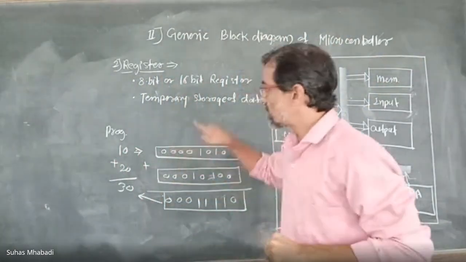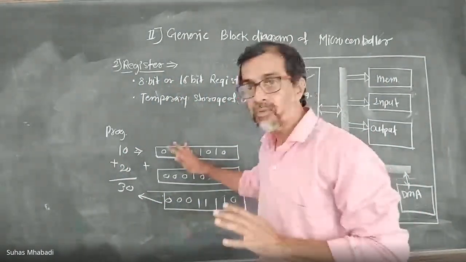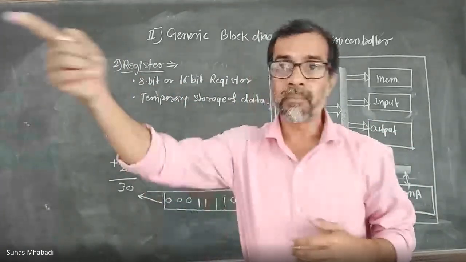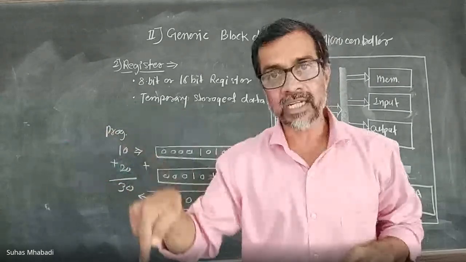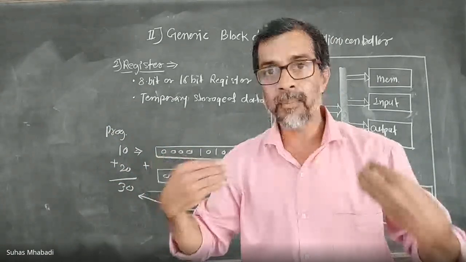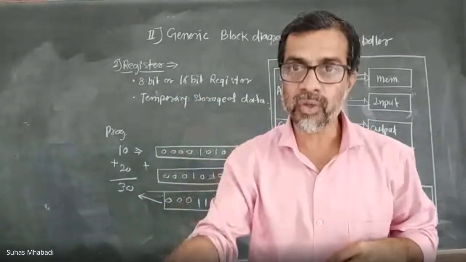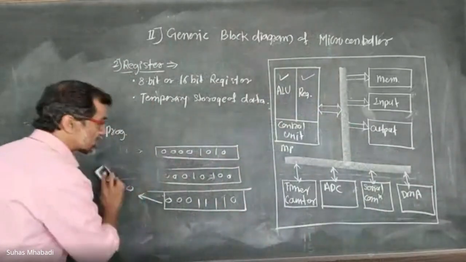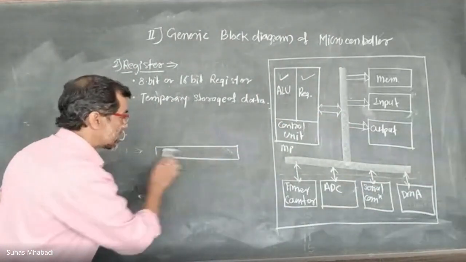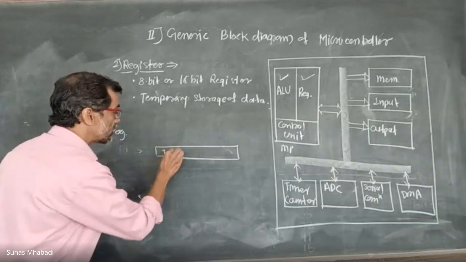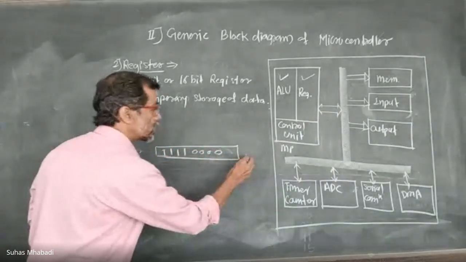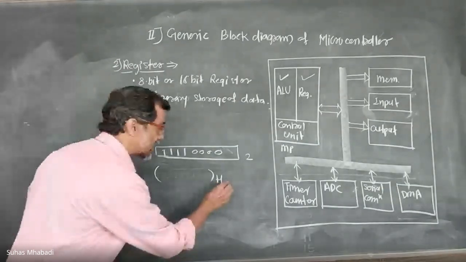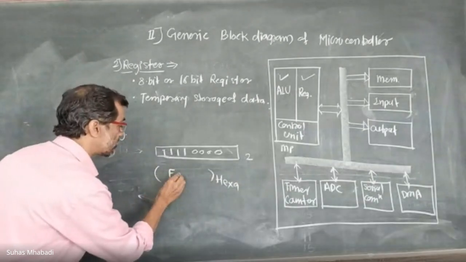Similar kind of work is assigned to this register. So apart from storing data, which is one task that is clear, the same register can work as a memory pointer. In that case, they will suggest to us, that is, a programmer, that the memory location to which you want to communicate is this one. For example, if it consists of 11110000 in binary format, if I convert it to hex, the address will be F0.